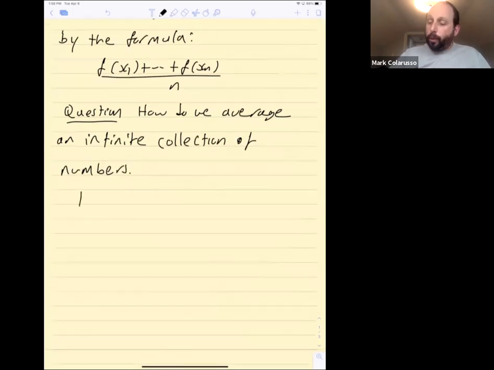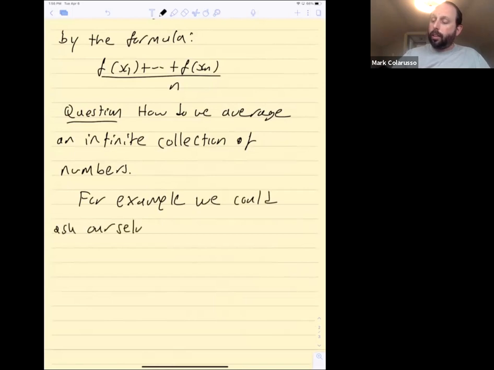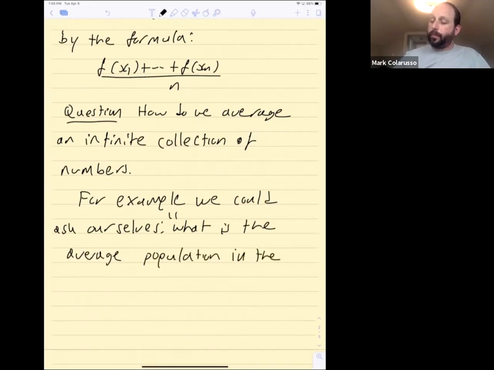For example, I could ask the following question: what is the average population in the US over the last 5 years?